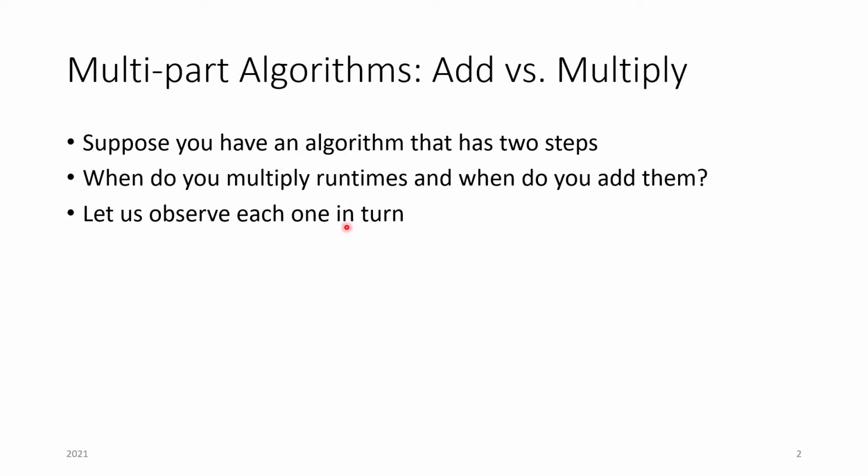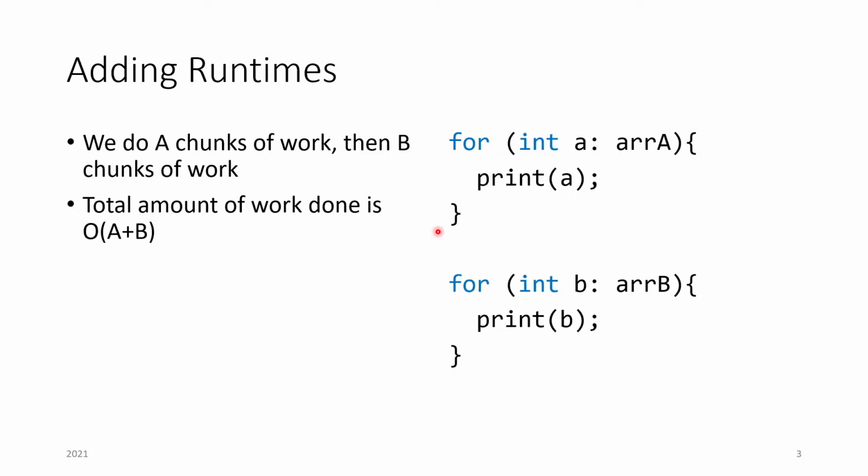So if your algorithm is particular, that's what we're going to be observing here in regards to a code, to figure out how we formulate the order using this. So in adding runtimes, this is when we have independent loops here that do not nest within one another.